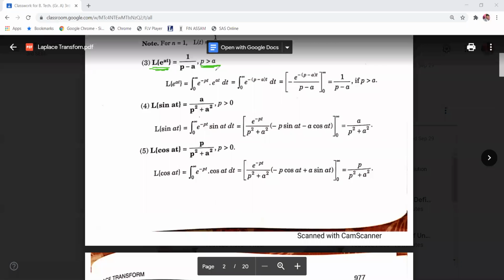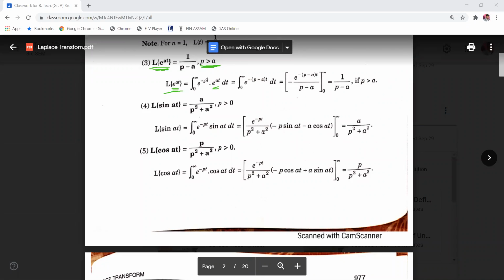Now use the definition of Laplace transform: integral from 0 to infinity of e to the power minus pt into f(t). Here f(t) is e to the power at. The base is the same, so the powers should be added, because you are multiplying e to the power minus pt by e to the power at.